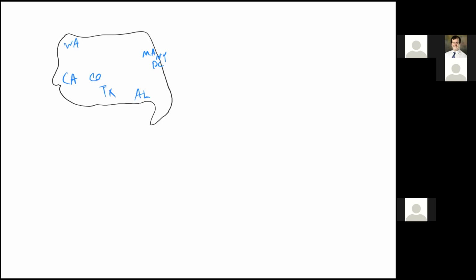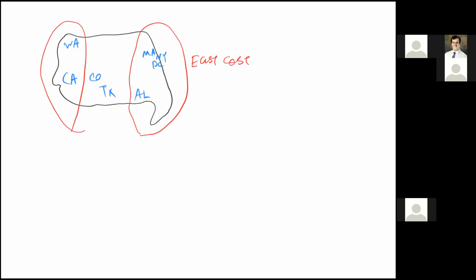What I do, instead of making 50 categories, I consider either East Coast, West Coast, and Center. So E, C, and W.